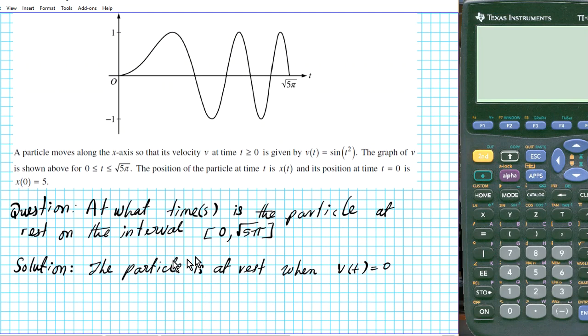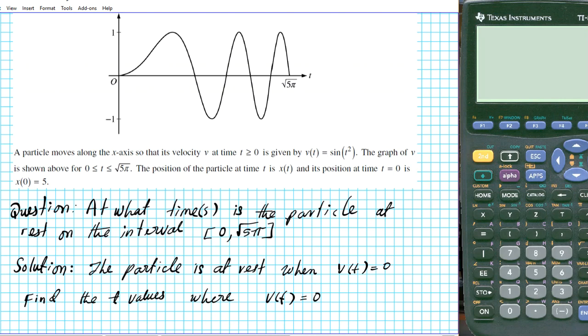Okay, so what we're going to do in this problem is want to find the t values where v of t is equal to 0. Okay, so this is the v of t function. So when we're looking for t values where v of t is equal to 0, it's the same thing as finding the x-intercept or the t-intercepts of the v function or the zeros of the v function.